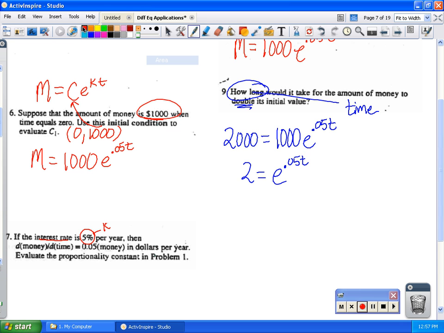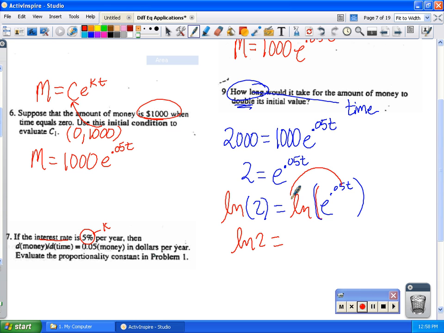Recall from Algebra 2 that I can take the ln of both sides, and the reason I'm taking the ln of both sides is so that I can use a log property to bring the exponent of e down. So this would be ln of e to the 0.05 t. On the left hand side I just have the ln of 2. On the right hand side I can use the property of exponents that allows me to bring down my exponent, so I get 0.05 t times the ln of e.